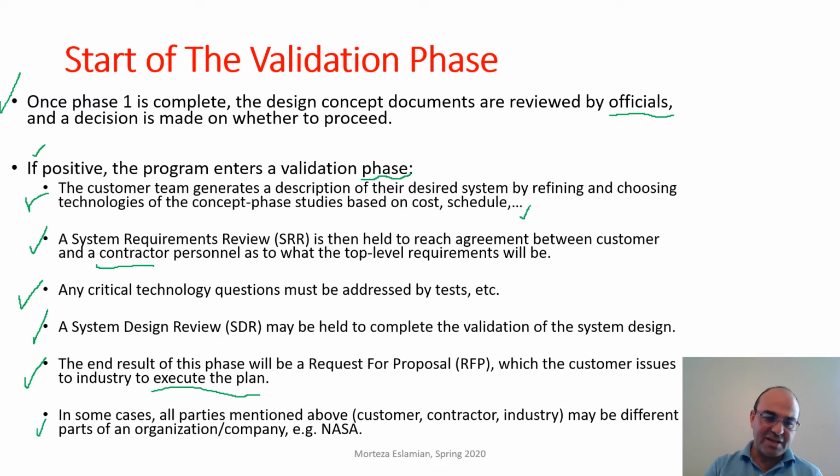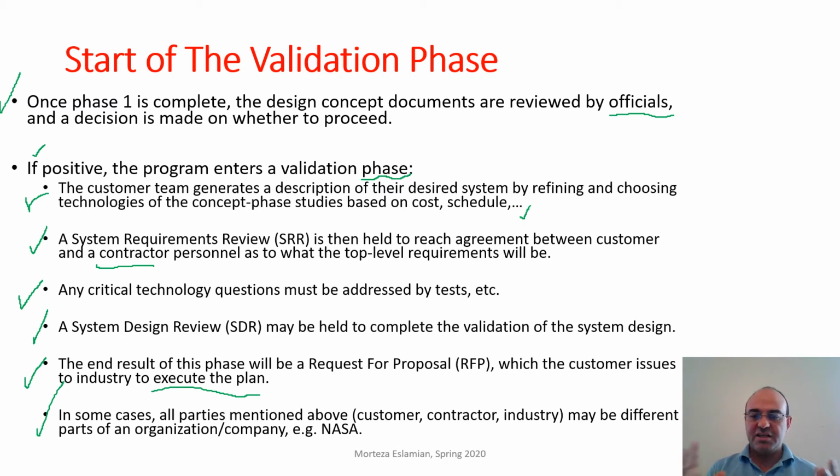In some cases, all parties mentioned above, like the customer, contractor, and industry, may be different parts of an organization or company such as NASA. So we do have the customer, and then the contractor, which has done the consulting work, and then an industry like a manufacturing company which has manufacturing capability will actually engineer and manufacture the spacecraft.